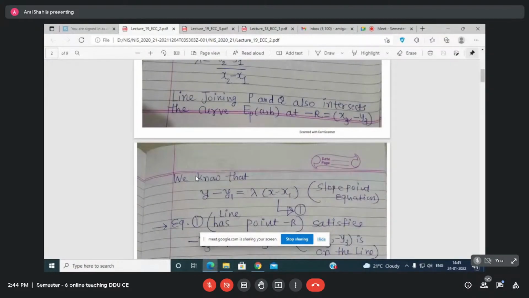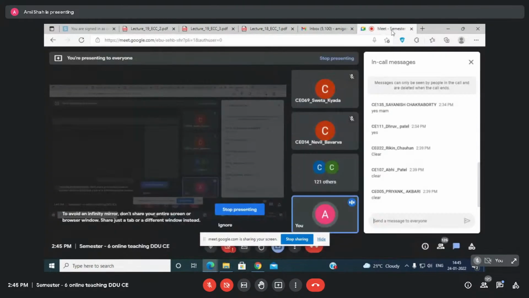And according to the equation of a line, you can write it this way: y minus y1 equals lambda times x minus x1. Up to this clear, everyone? What I'm trying to say is that the purpose is to find x3 and y3. You have been given 2 points on a curve, and you want to find the plus operation.